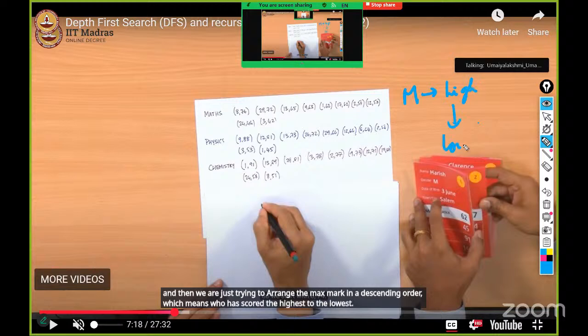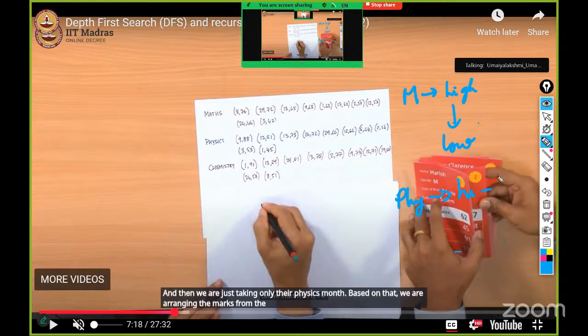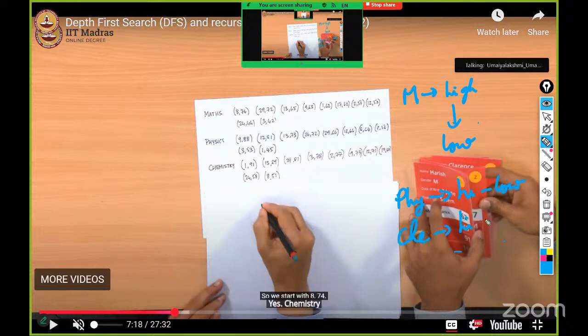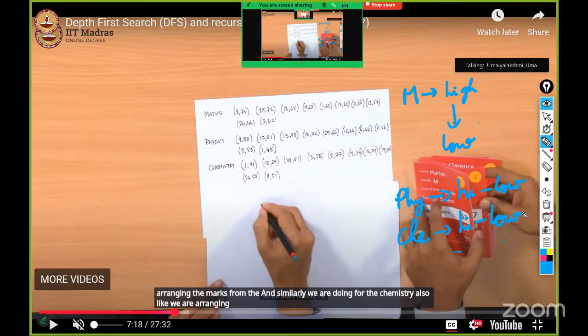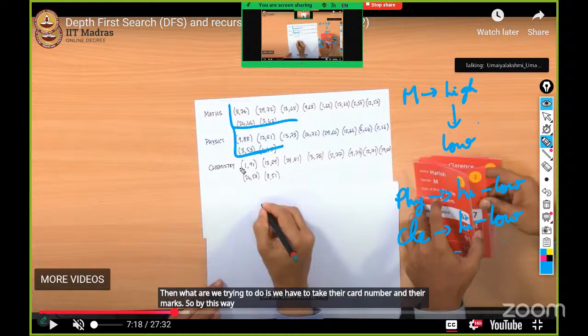We are taking only their physics marks, and based on that we arrange the marks from high to low. Similarly we are doing it for chemistry also, from high to low marks. Then we have to take their card number and their marks. This way they are creating these things.